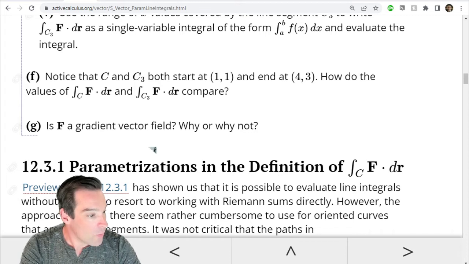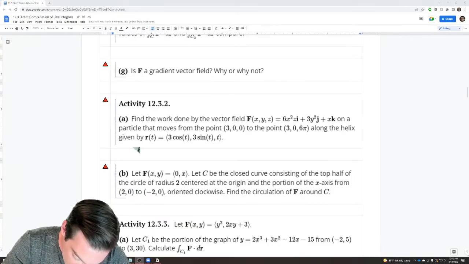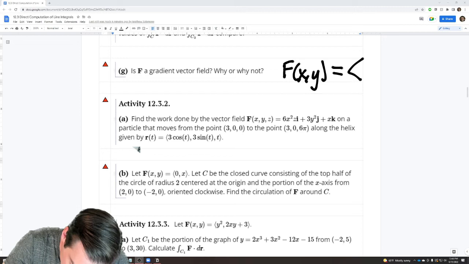And so what would we want to say here about F and whether it is or is not a gradient vector field? And remember that the formula that we have for F of x, y is xy comma y squared.